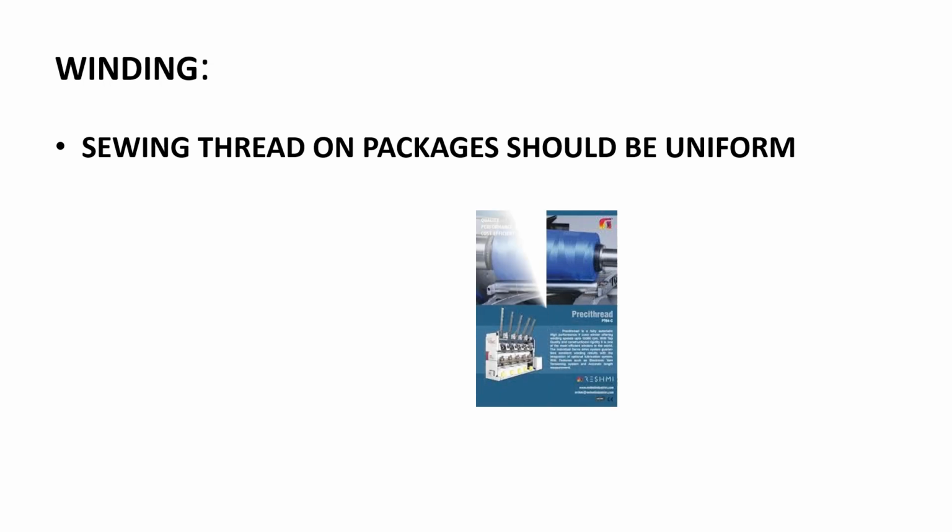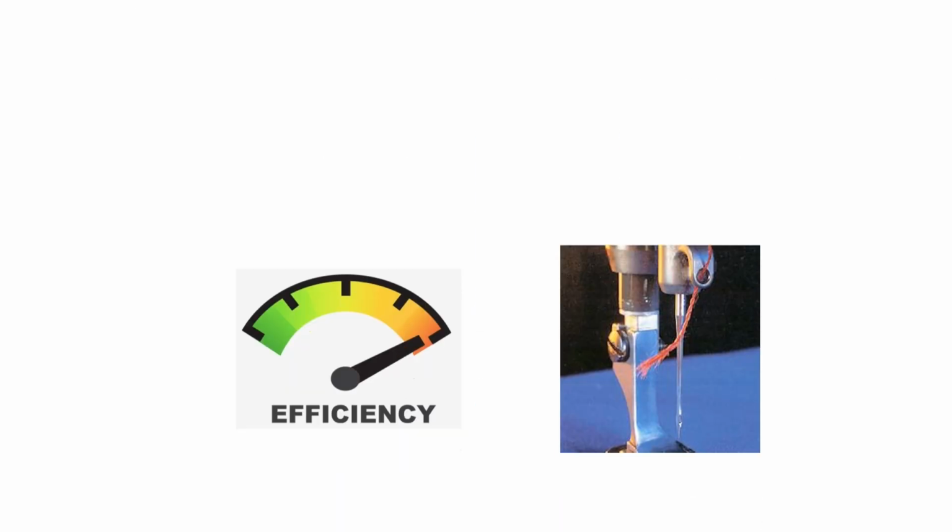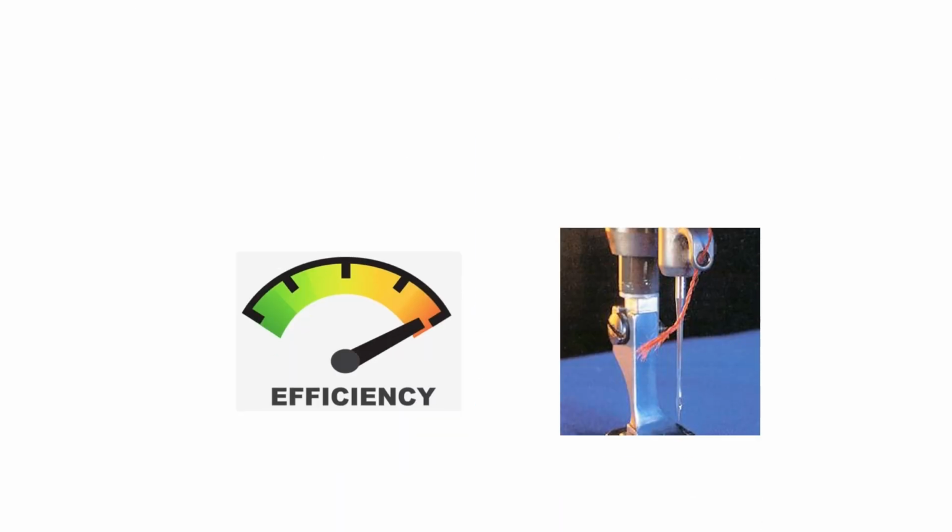Now with sewing thread, there should be some consistency of the yards available. So the sewing thread on the package must be uniform. Variation should not be there. And what is the advantage of it? Yes, we can get good efficiency.